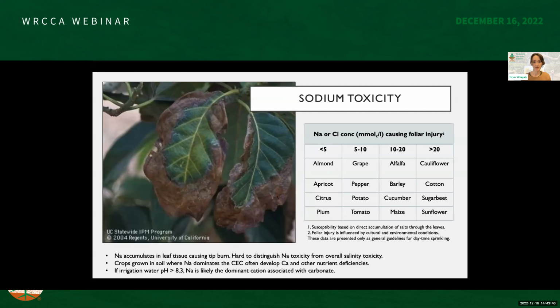Calcium might end up being a problem if the situation is severe enough. And if the irrigation water pH is above 8.3, that's also a sign that sodium is likely to be the dominant cation in your water, associated with carbonate.